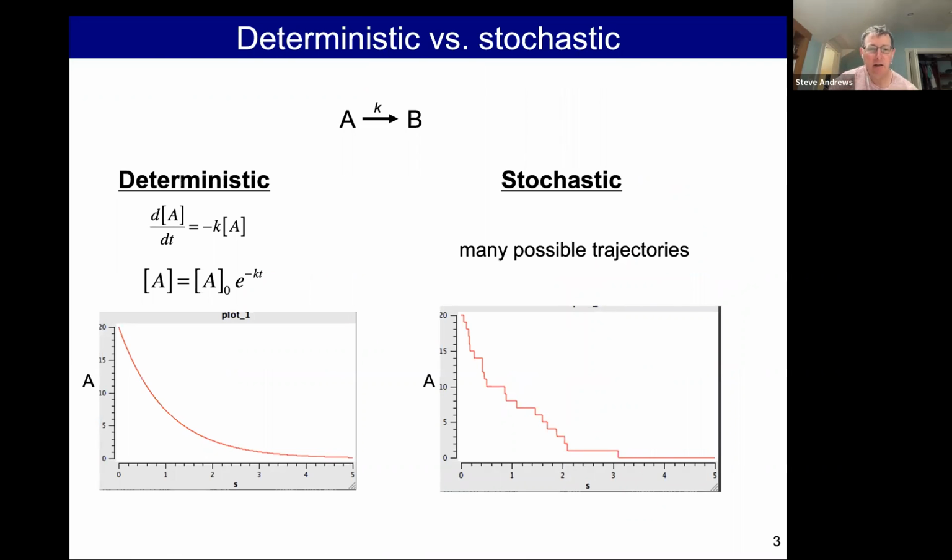Some things are stochastic. So instead of having a single trajectory of your time course of a concentration over time, molecules are discrete and they drop down one at a time. So another trajectory is also possible, and you have noise in the system due to stochastics.